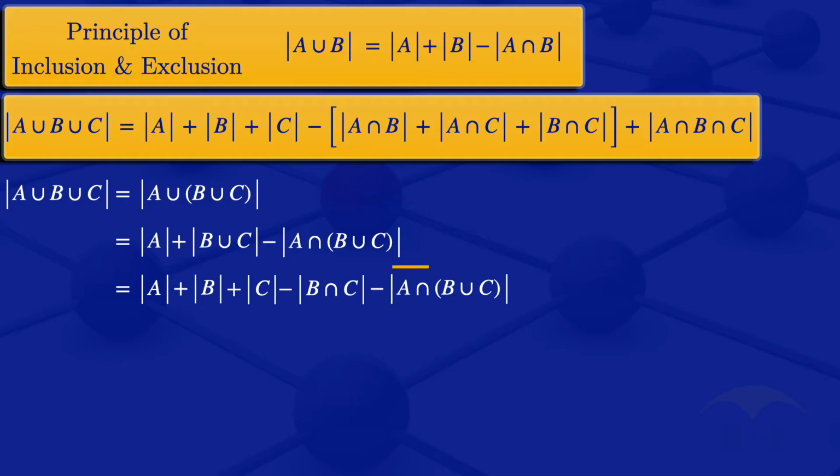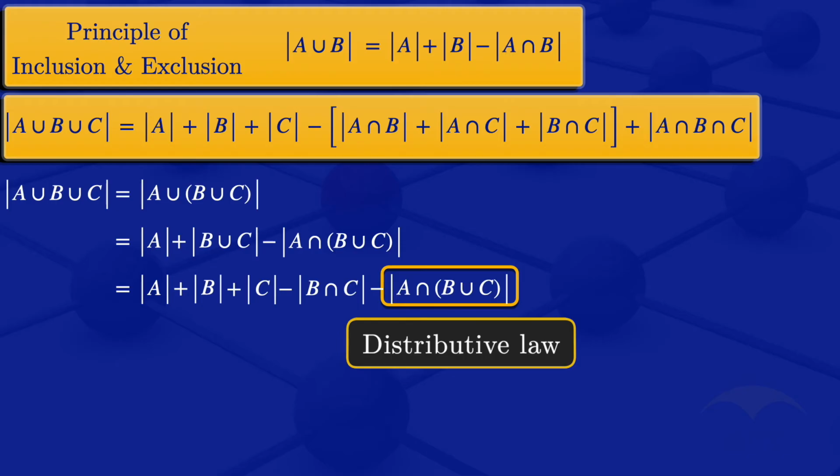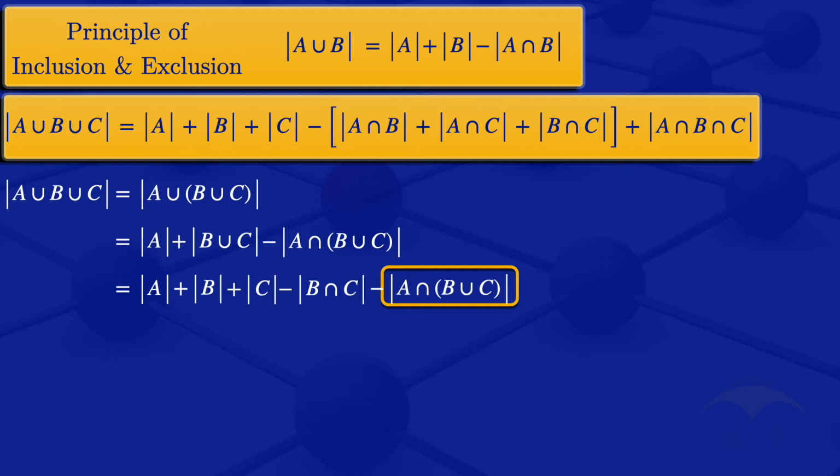But I can go on and look at this part here. We can expand that using the distributive law. For the parts to the left that are not highlighted, I can just write them as they are.